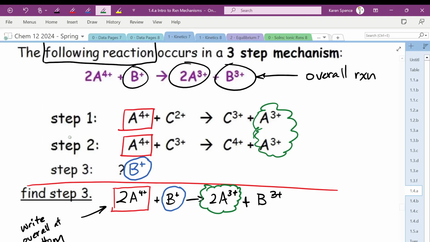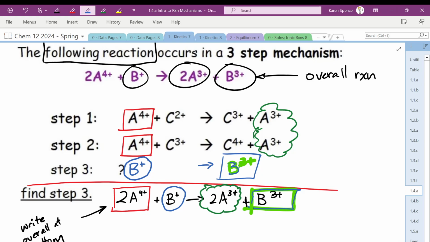Let's make it light green. I also want to have a B3 plus. Do I have a B3 plus? No, so I'm going to write B3 plus in the products. There we go. Okay. Now, of course, I need an arrow here. So now I've dealt with everything that I need to have.